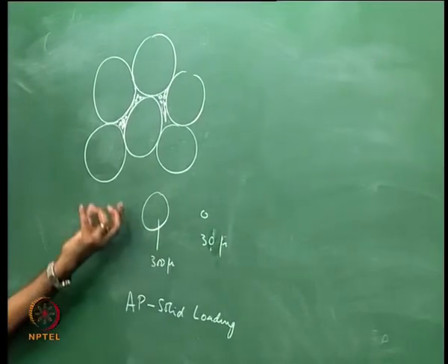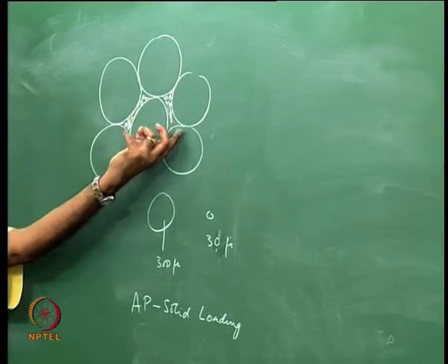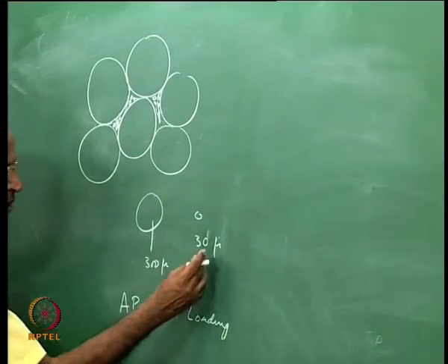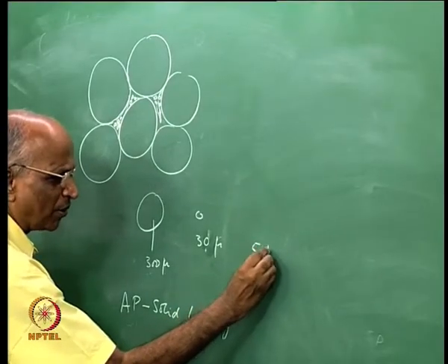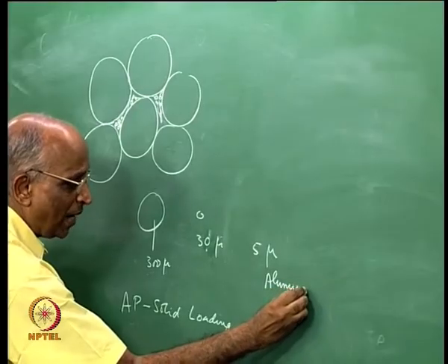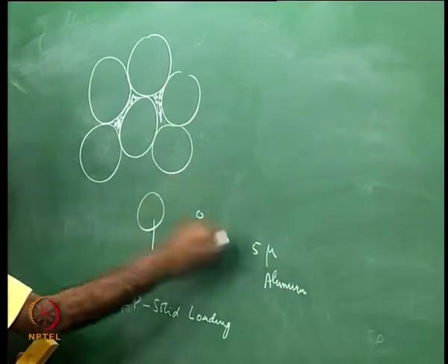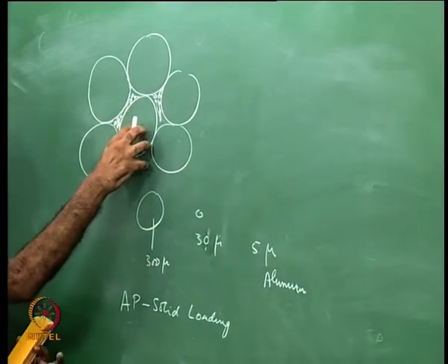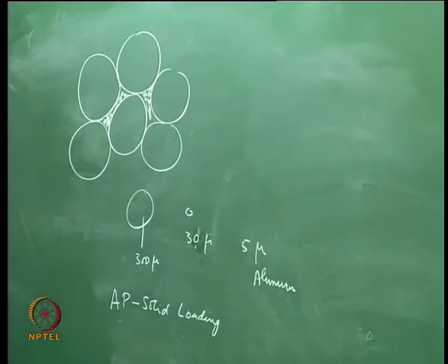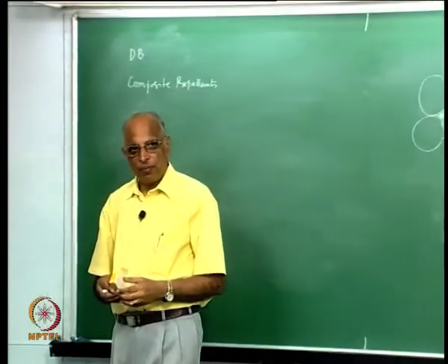Why is it used? I want to increase the amount of AP as much as possible, and when we use aluminum, aluminum is even smaller, typically around 5 micron size. And why aluminum? Aluminum is again a solid, I can improve the loading of solid, and therefore I can have a dense propellant as it were. And this is all about composite propellants.